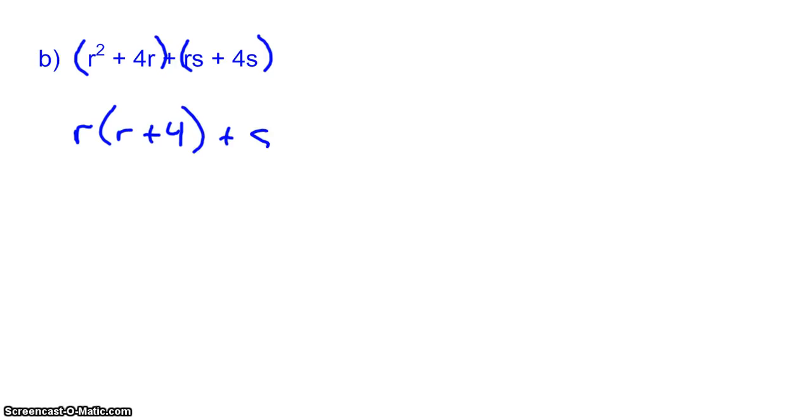S. Good. S times what? S times R plus 4. Good job. Okay, so we notice that both of these terms are being multiplied to the same factor, R plus 4.